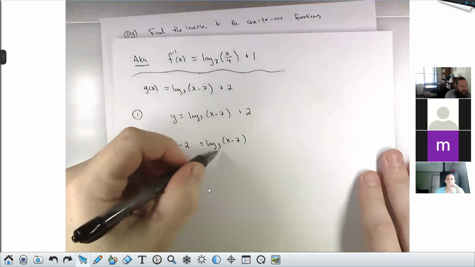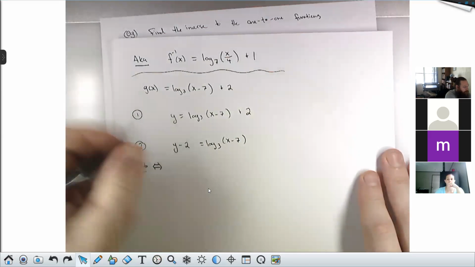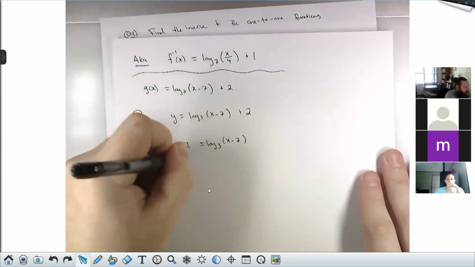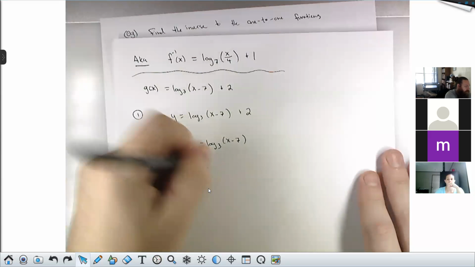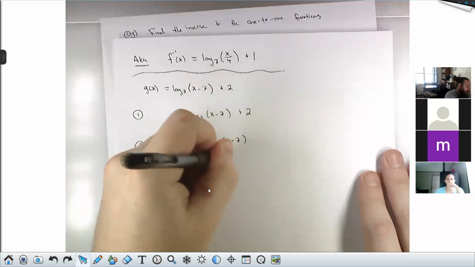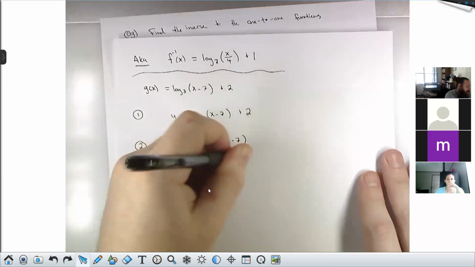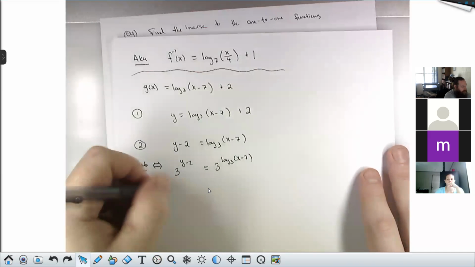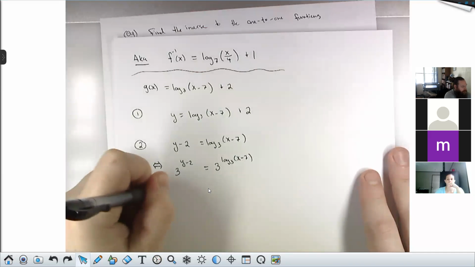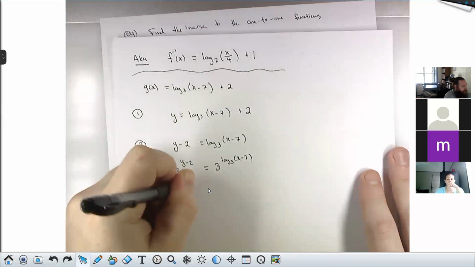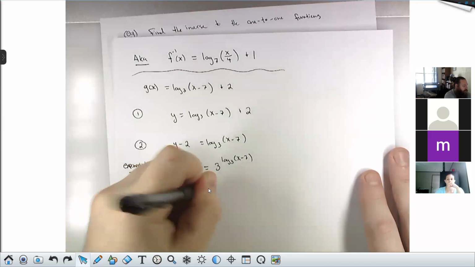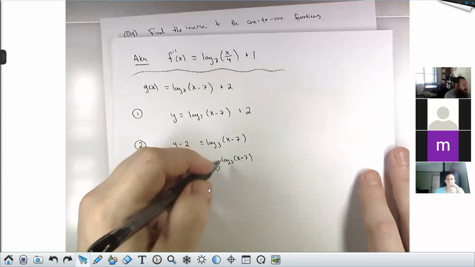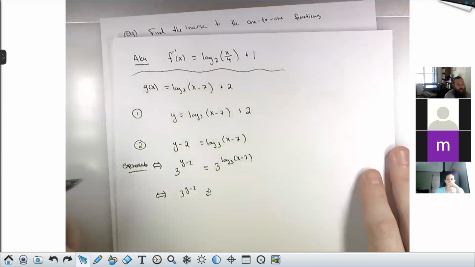So here I'm going to exponentiate base 3. So this will be 3 to the y minus 2 equals 3 to the log base 3 of x minus 7. 3 to the y minus 2 is just 3 to the y minus 2. What is the right-hand side? 3 raised to the power of the base 3 log of x minus 7.